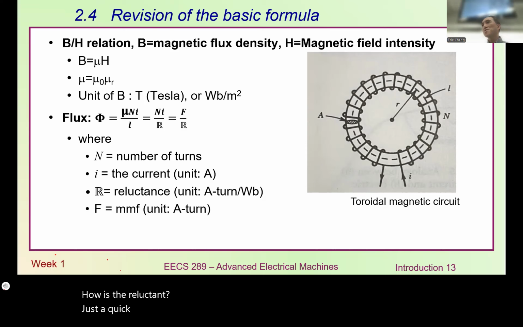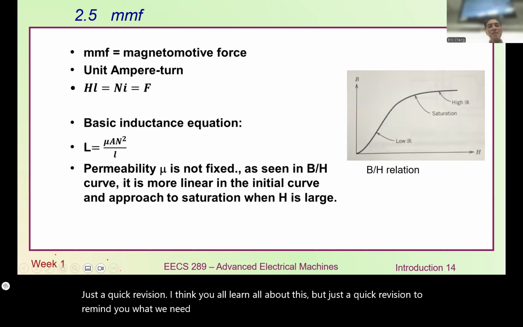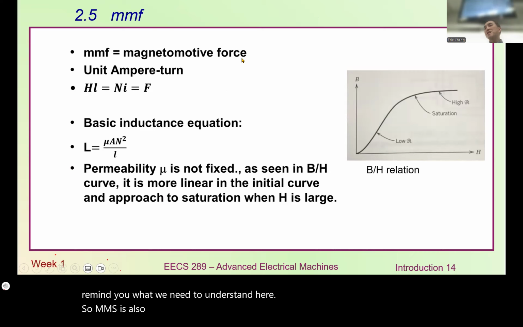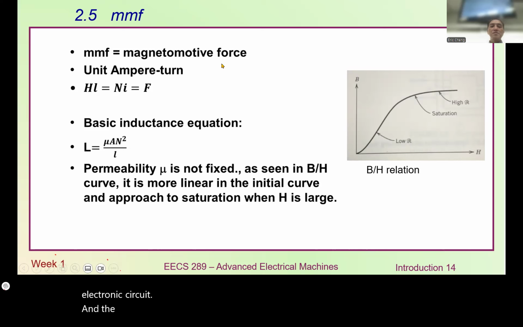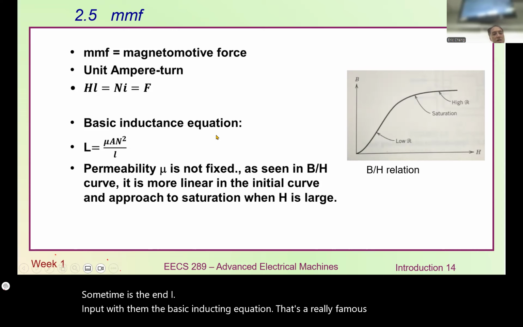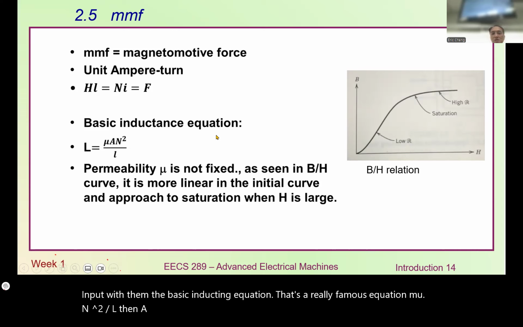I think you learned all of this, but just a quick revision to remind you what we need to understand here. MMF is also the driving force of the magnetic circuit. We can somehow relate it to the electric circuit. And the unit is called the ampere turn. Sometimes it's the Ni input. The basic inductance equation, a really famous equation, mu N squared A over L, right? That's a typical equation.